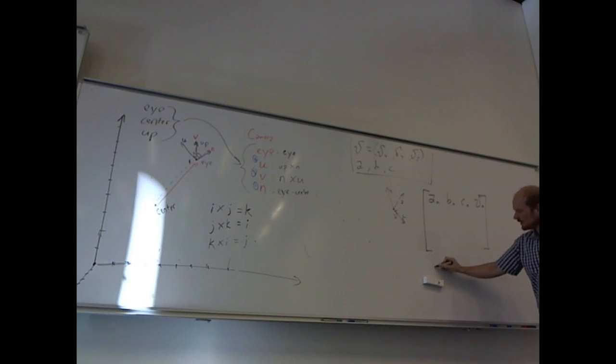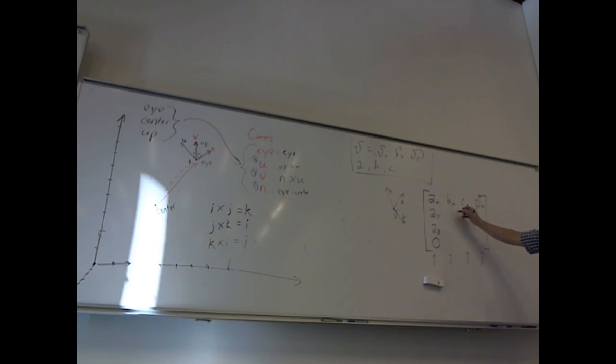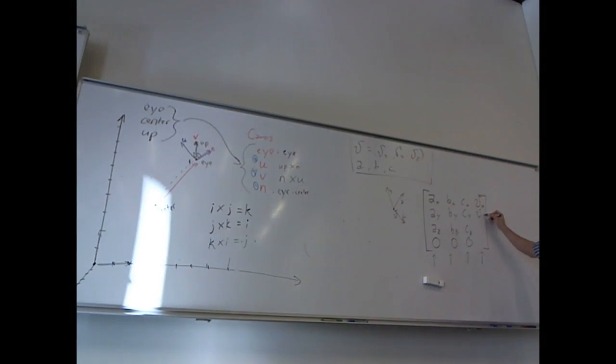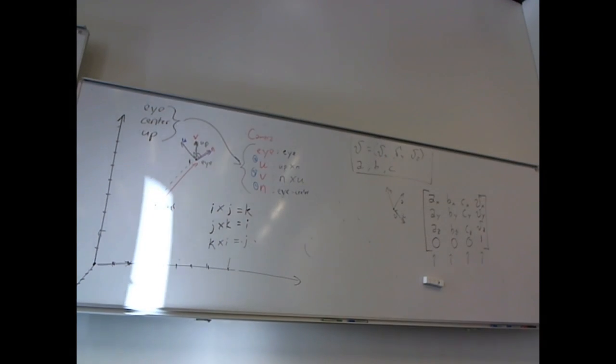So we imagine I have my vector, my vector, my vector, and my point. AX, AY, AZ, 0 because it's a vector. BX, BY, BZ, 0 because it's a vector. CX, CY, CZ, 0 because it's a vector. Origin X, origin Y, origin Z, and 1 because it's a point. And here's my model matrix.